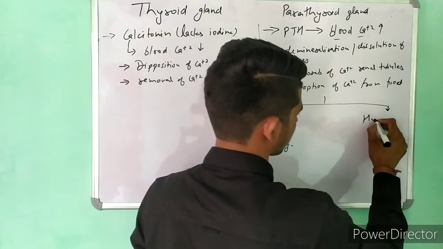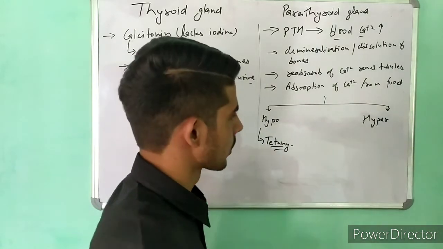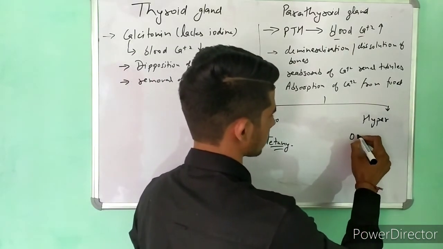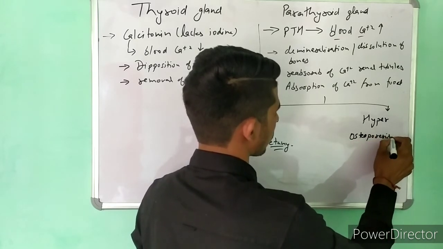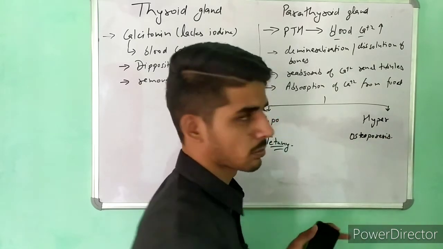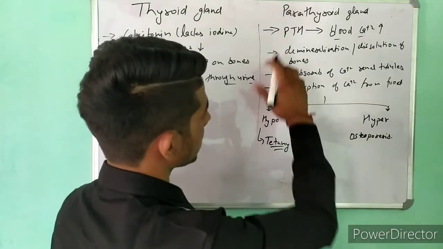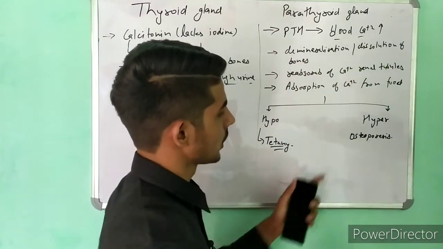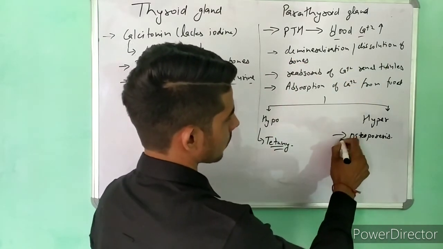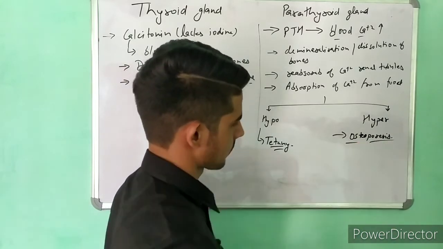And hypersecretion of PTH causes osteoporosis. Osteo means bone and porosis means pores. Due to more PTH, it causes more demineralization or dissolution of bones, which causes pores in the bones, and that is osteoporosis.